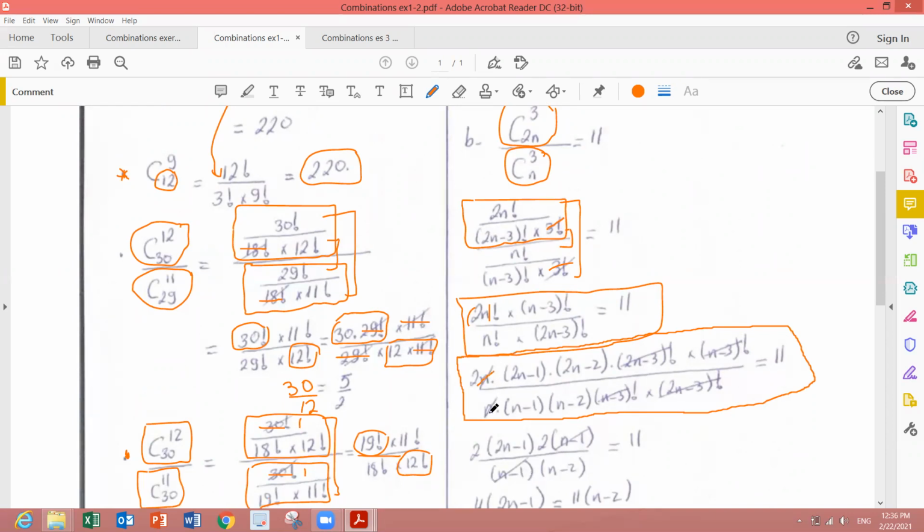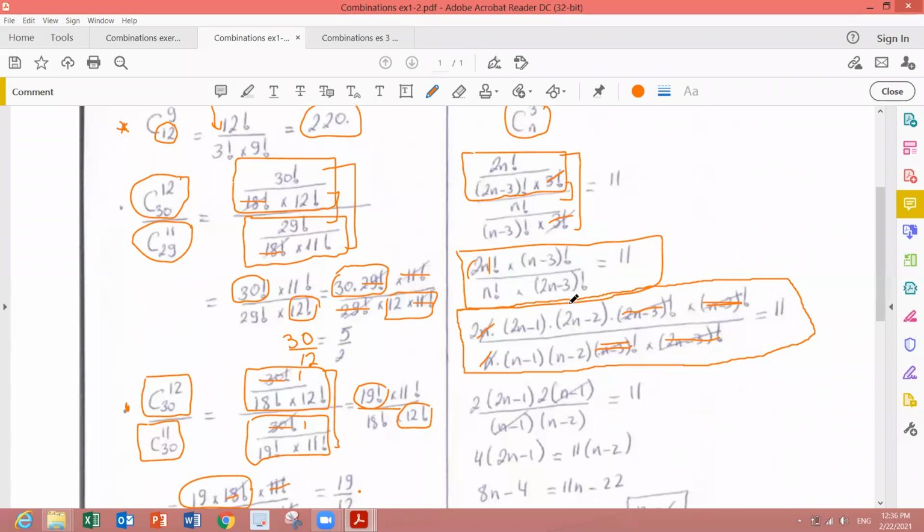I can simplify n with n. 2n minus 3 factorial with 2n minus 3 factorial, n minus 3 factorial with n minus 3 factorial. Now I can expand, then I solve. Or if I take this one, we have 2 common.